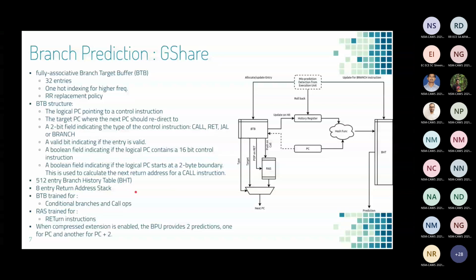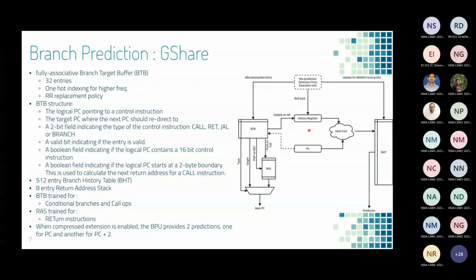The other problem with global predictors is it takes a good amount of time to ramp up, because what it does is it holds something called a history register. Okay. History register basically tells you, let's say the history register is 8 bits wide. It can be any bits wide. Let's assume it's 8 bits wide.